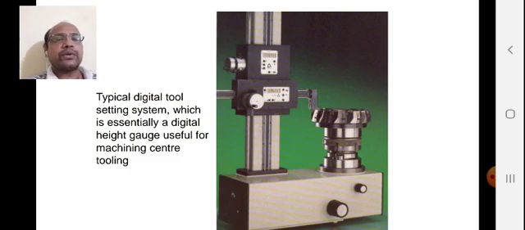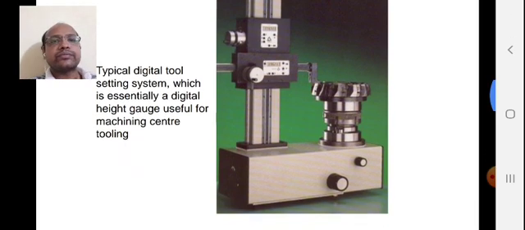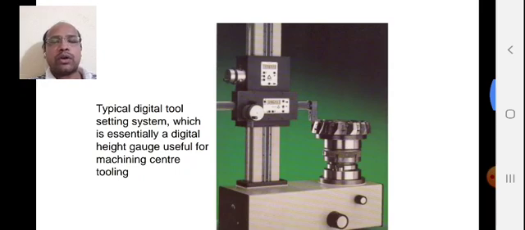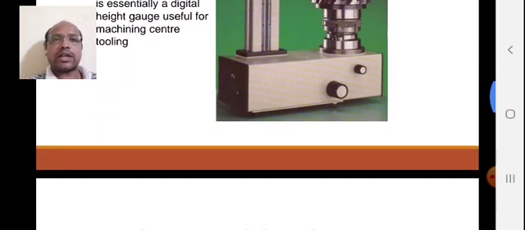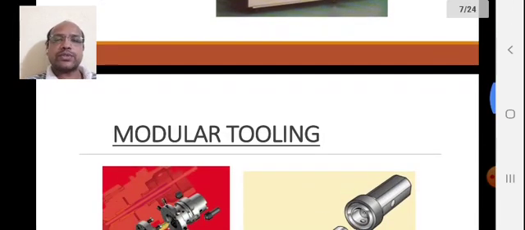This particular picture shows that digital vernier calipers are used for adjusting the horizontal and vertical height. Also, they are used for adjusting the machine center as well as the workpiece center. It is also called taking offset during writing a part program on a CNC machine. These devices are helpful for adjusting the offset also.